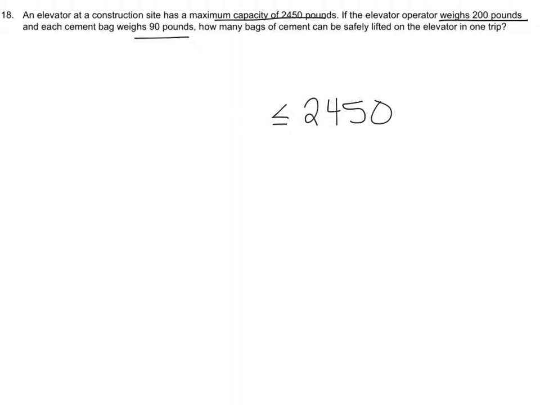So I'm going to let the number of cement bags equal x. And I can represent the weight of all of the cement bags by writing the expression 90 times x. So that tells me that each bag weighs 90 pounds.